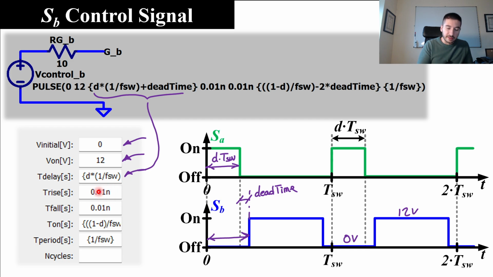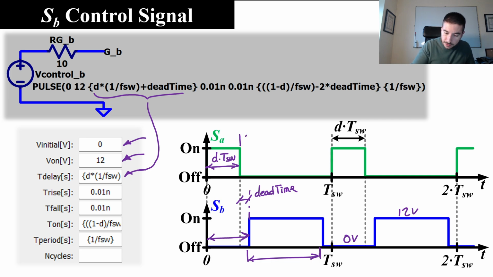Then we have the rise time and the fall time. You have to choose a small value, as we previously explained. And then we have T on. T on is this time. So let's choose the value for this T on parameter.